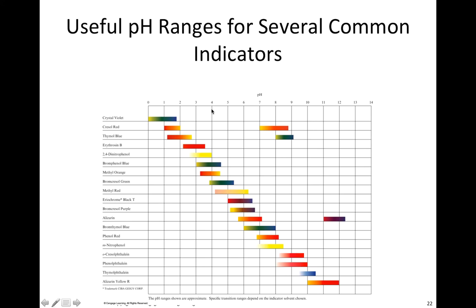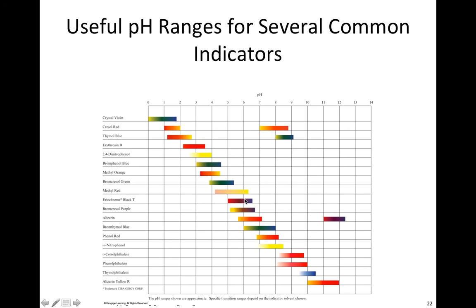Okay, if we say at the equivalence point the pH is going to be 4, then we're looking at using methyl orange or bromocresol green. If we say at the equivalence point the pH is going to be 6, then methyl red is useless to us because it's already yellow.